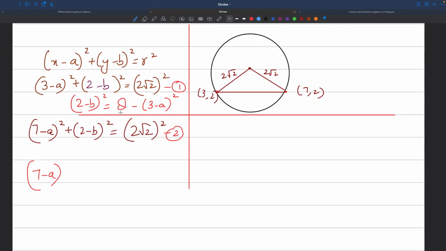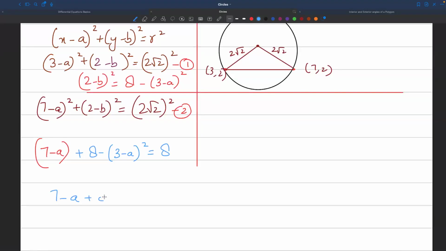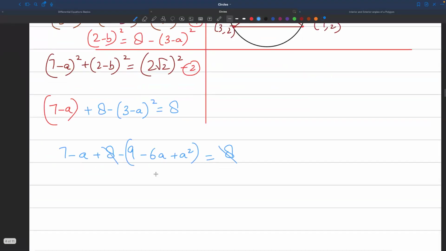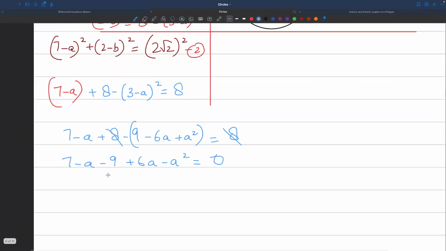I made 2 minus b squared the subject because it is the same in both, and in place of 2 minus b I will write 8 minus 3 minus a squared is equal to 8. I can now find, maybe I can find two values of a now, right? 7 minus a plus 8 minus, what will it be, 9 minus 6a plus a squared is equal to 8. The 8 and 8 go. I will get 7 minus a minus 9 plus 6a minus a squared equals 0.